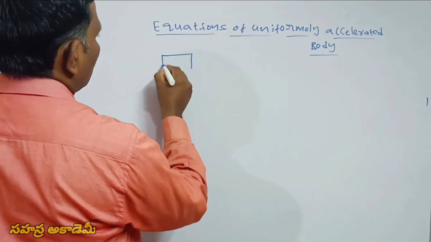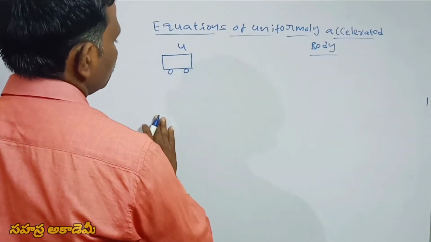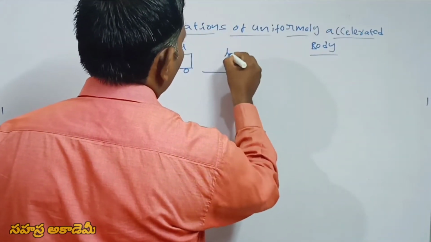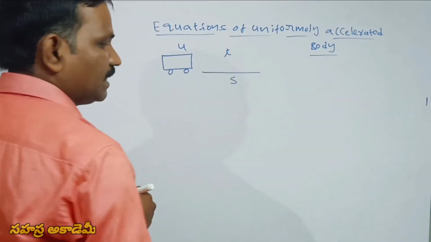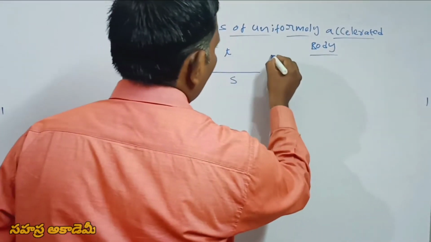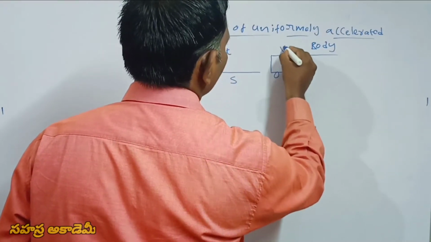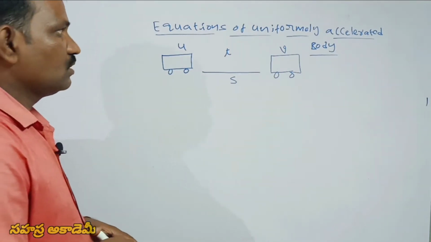Consider an object whose initial velocity is u, and after time t, it covered a displacement s, and the final velocity of the object is v.